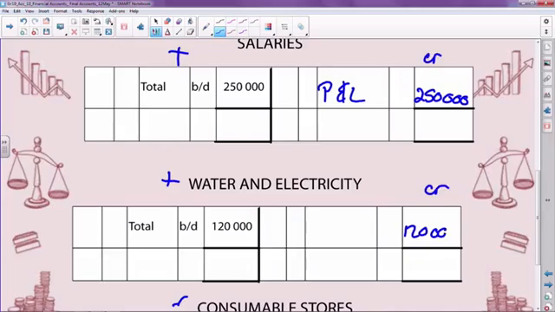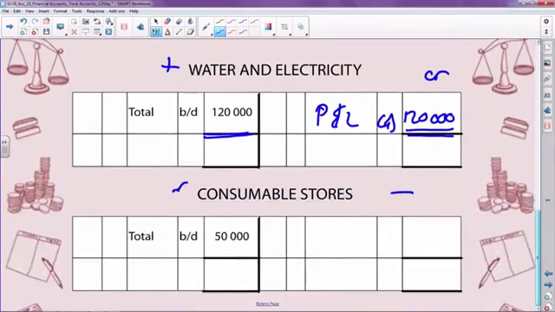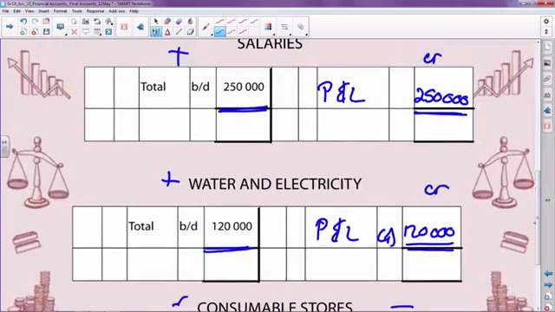We're taking the 120, as you can see, to the debit, to the credit side, and then profit and loss will then be your debit entry. So 250, 120, and your consumable stores, which also plus minus, will have to go to your profit and loss, GJ of 50, and then remember all 3 amounts, 50, 120, and 250.